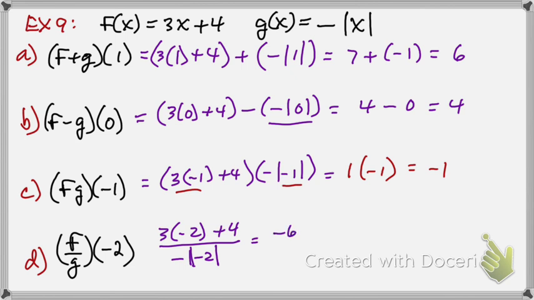Okay, so I got negative 6 plus 4. The absolute value of negative 2 is 2, but then that minus in front, so I've got negative 2 here. So on top, I've got negative 2. On the bottom, I've got negative 2. I'm just getting 1.